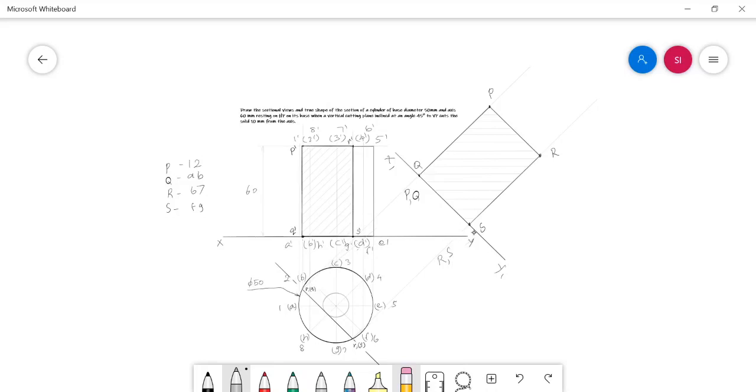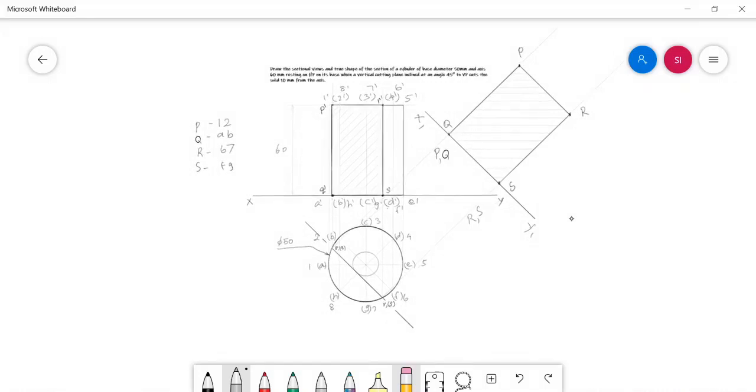Now the work is over. This is nothing but the sectional front view, top view and the true shape of the section for the given question. Try this answer with your proper tools on paper. Thank you.